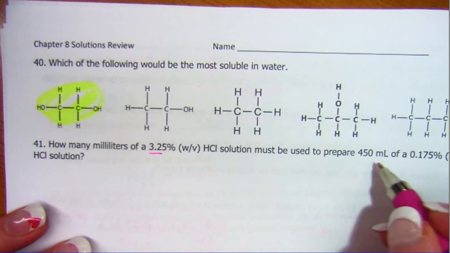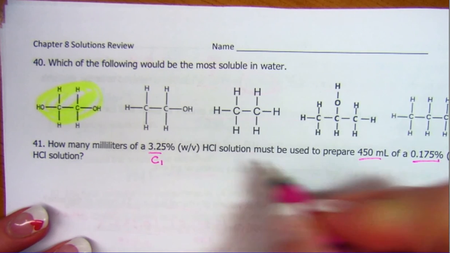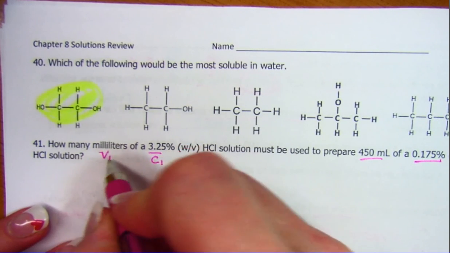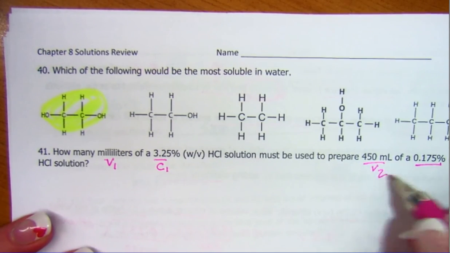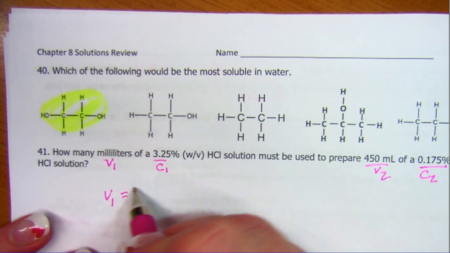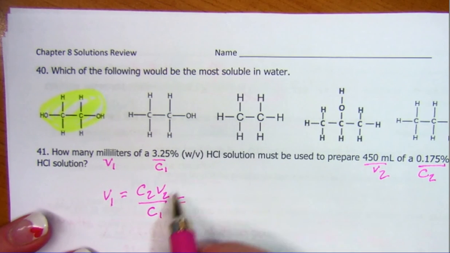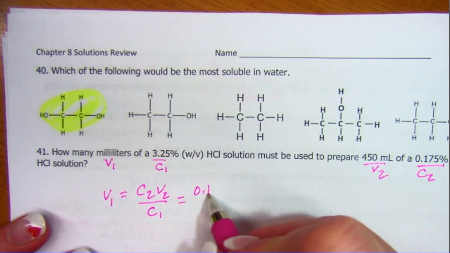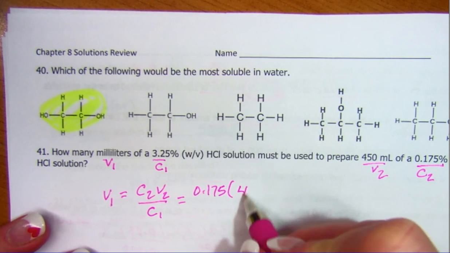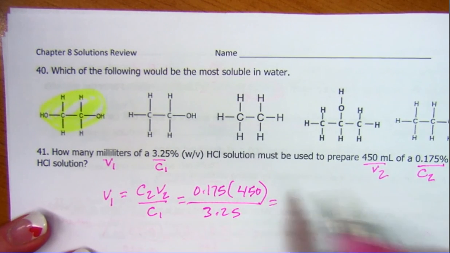Okay, and this one is another C1V1 equals C2V2. Here they're giving you percent, volume, percent. So you have a concentration, you don't know the first volume, you have a second volume, and you have a second concentration. So you're looking for V1. So you're going to have C2V2 divided by C1, plugging in. 0.175 times 450 divided by 3.25.